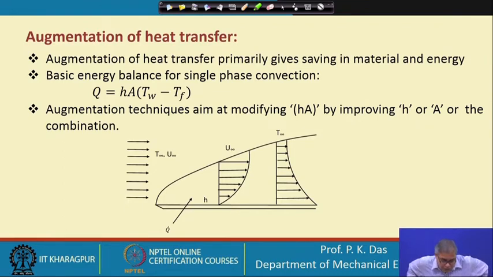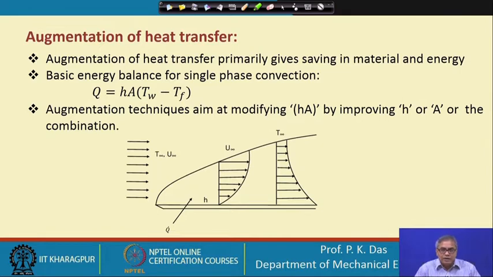So, what we see here is that we have h A, where A is the area and h is the heat transfer coefficient. h depends on various things: of course on the fluid properties, fluid velocity and the surface geometry, particularly the features which are available on the surface.